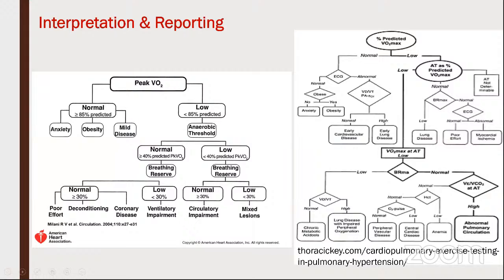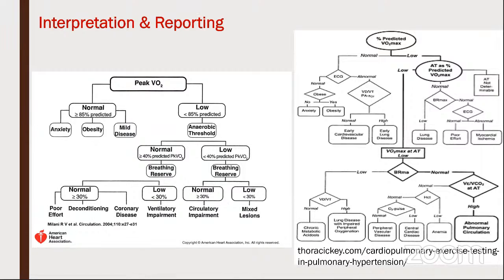And just as a note of caution, this test should not be used as the sole test, but it is just a piece of the jigsaw. You look at echo, you look at a pulmonary function test, maybe at coronary angiography information and other tests, and then make your diagnosis. Very quickly, just a typical report.